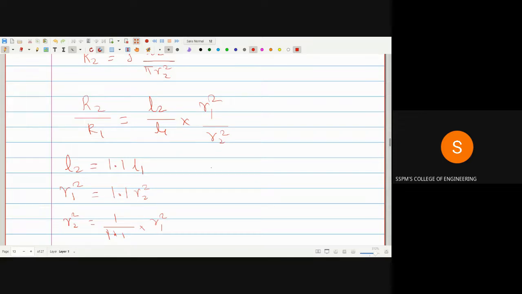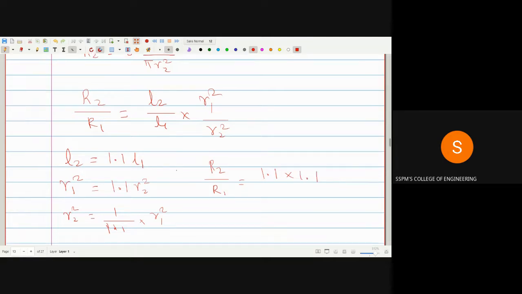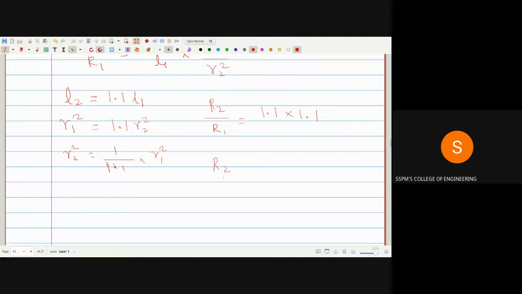So R2 divided by R1 is equal to L2 by L1, which is 1.1, and R1 square by R2 square is also 1.1. So R2 by R1 is equal to 1.1 into 1.1, which is 1.21. So the new resistance is 1.21 into R1.